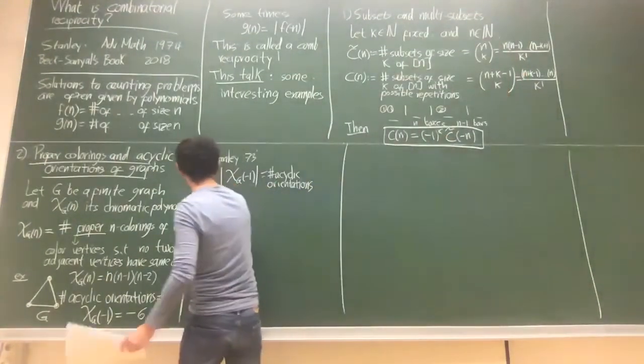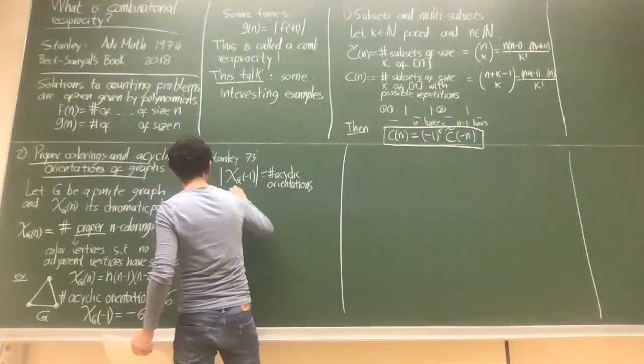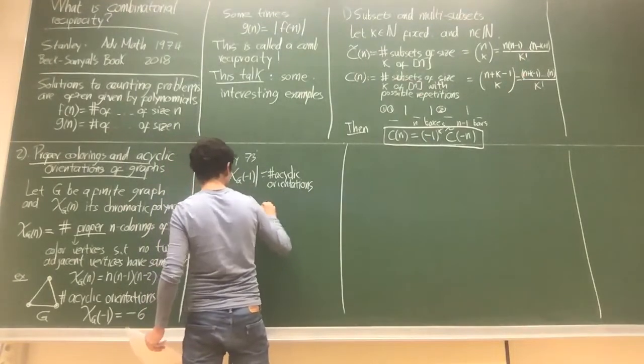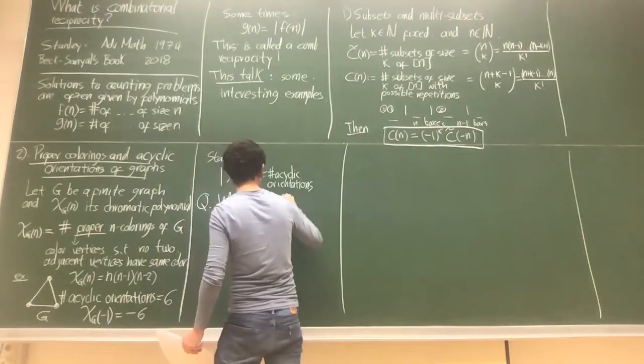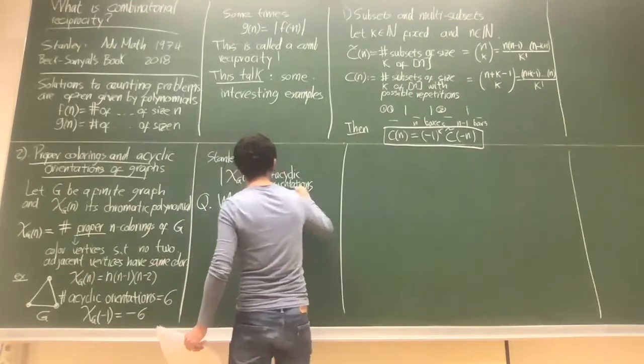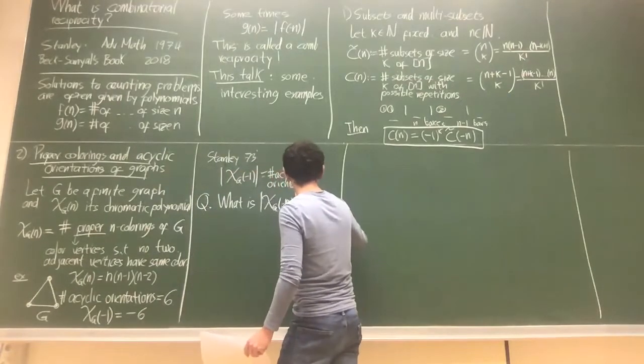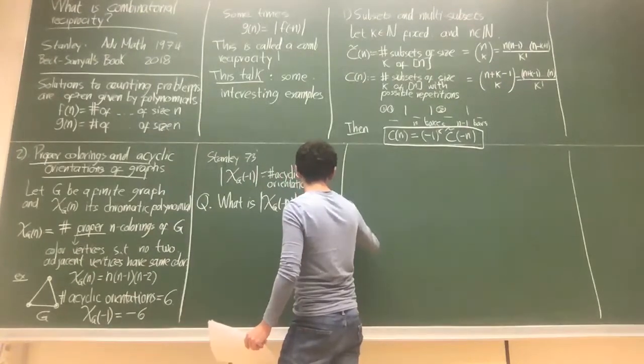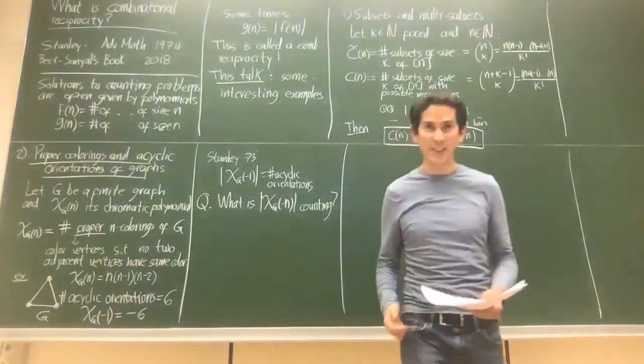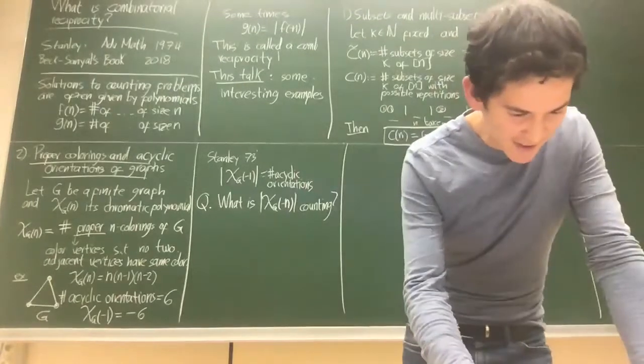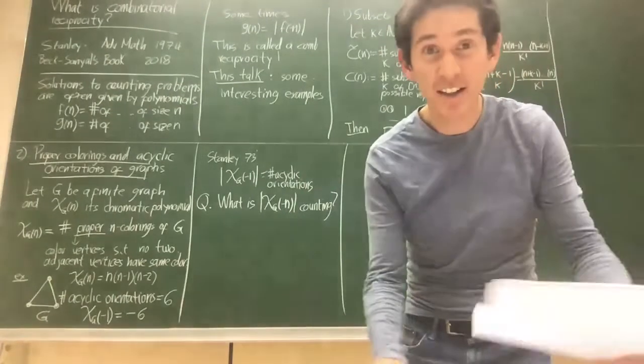A question: what is chi G at minus 1 counting? Okay. Excellent. Is this clear?